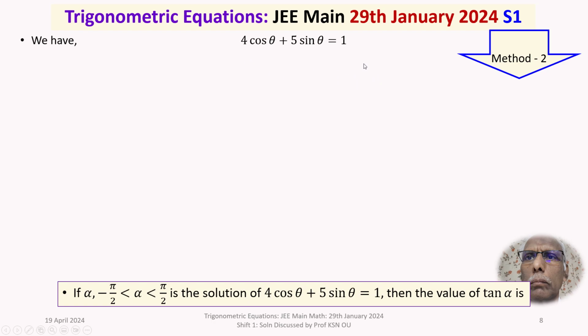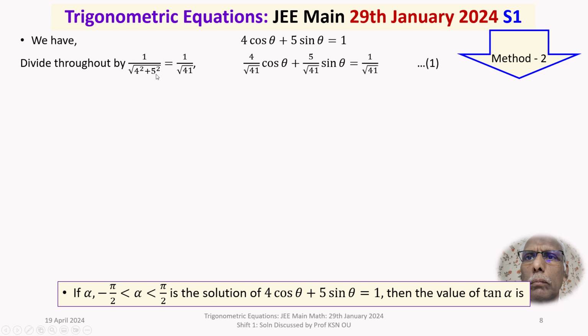So what I will do is multiply throughout by 1 by root of 4 square plus 5 square. In other words, multiply throughout by 1 by root 41. That will be 4 by root of 41 cos theta plus 5 by root of 41 sin theta is equal to 1 by root of 41.